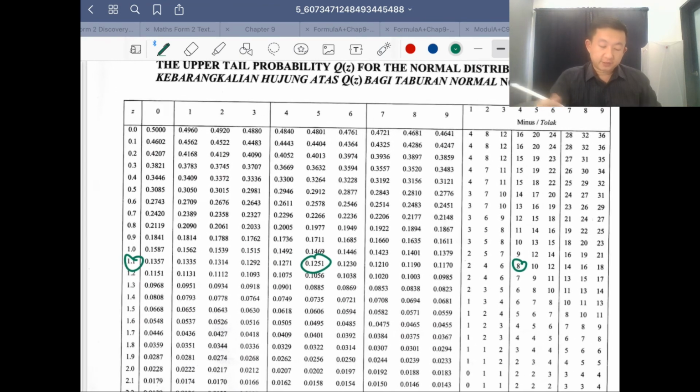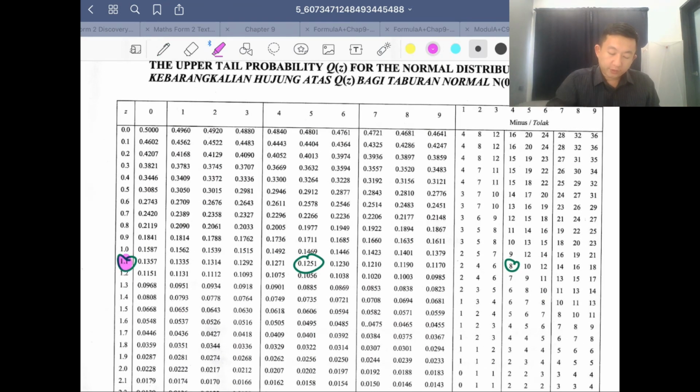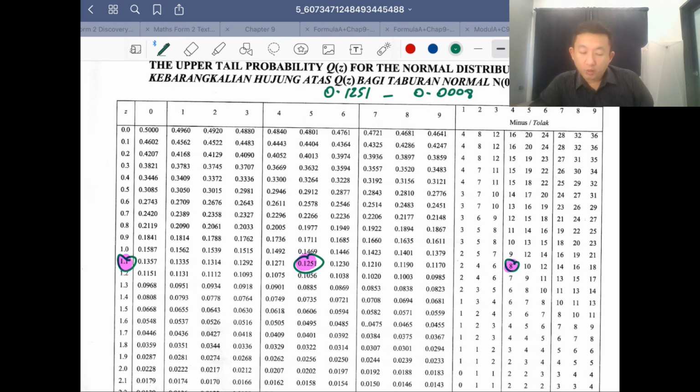Okay, I have found it just now. 1.154, am I right? So 0.5 minus 0.1243.